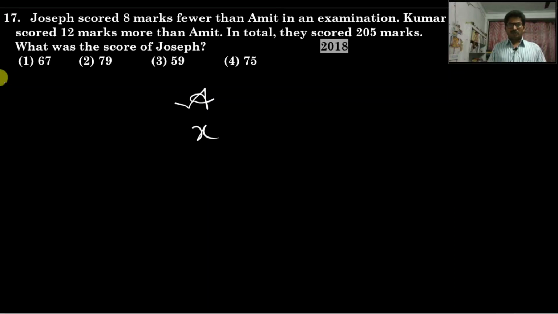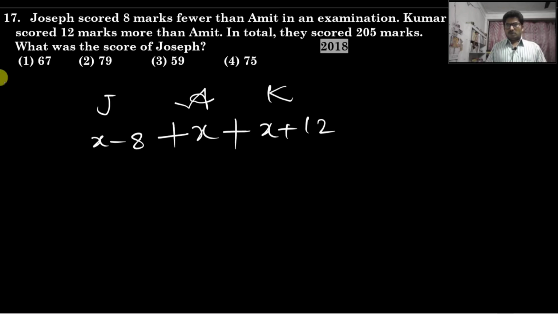Joseph scored 8 marks more than Amit. So Joseph is X plus 8, and Kumar scored 12 marks more than Amit. So X plus 12. In total means sum. They scored 205.